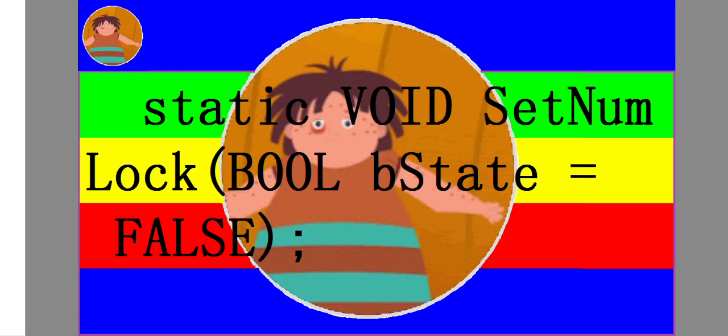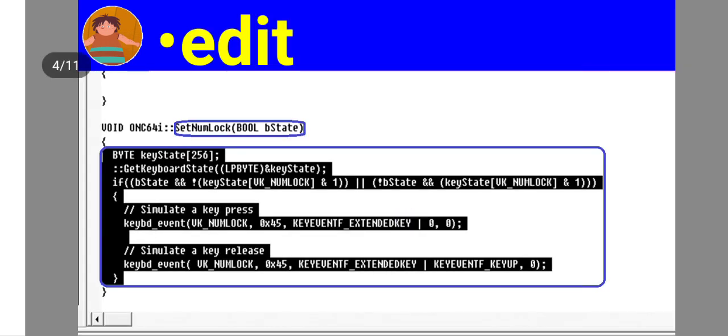In Delphi, if we add a parameter like this, that means the function uses the default parameter. Let's add it.